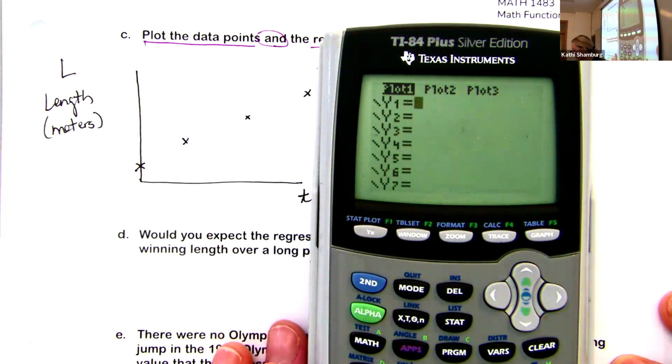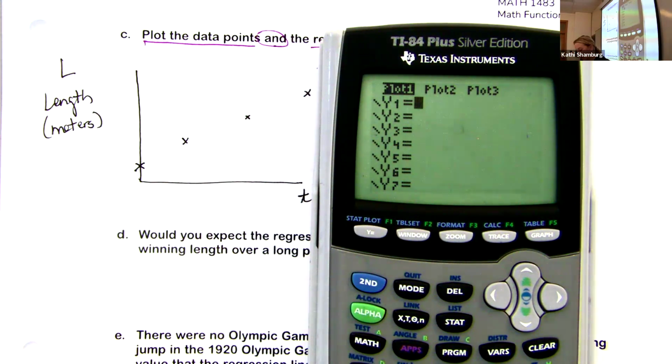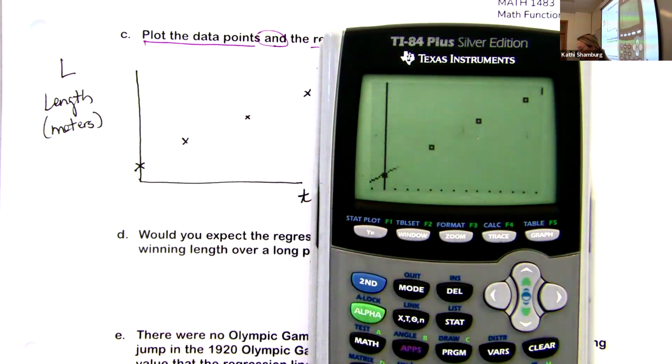Y equals, and I have not put that in there yet. Let's see, what was it? 0.034 x plus 7.197. And then what do we hit? Graph.